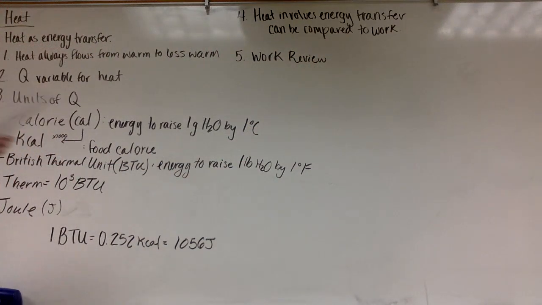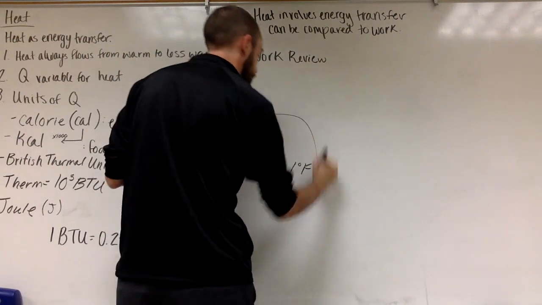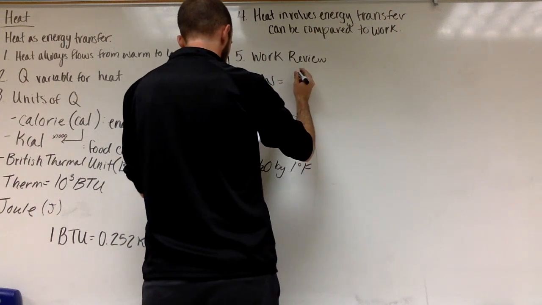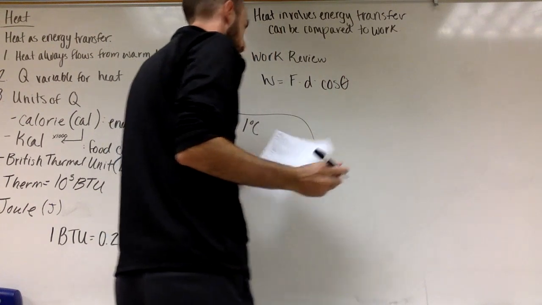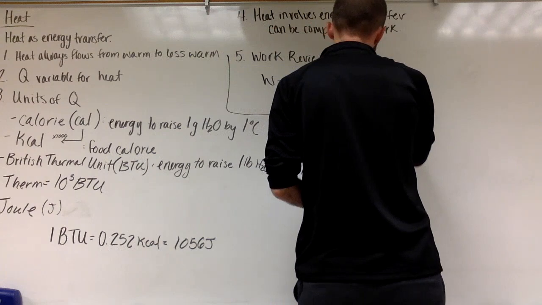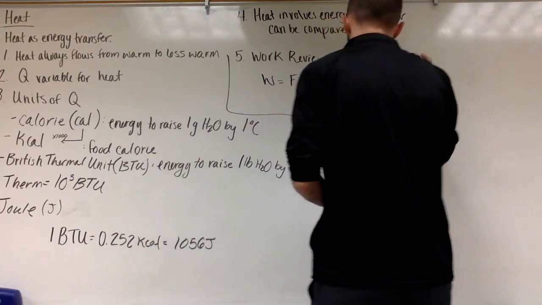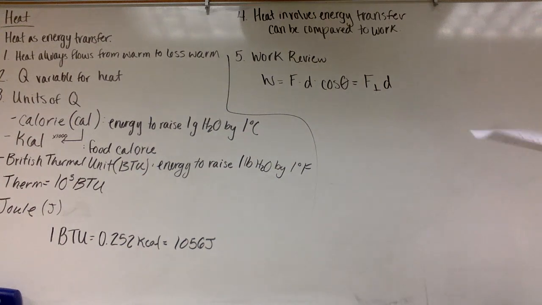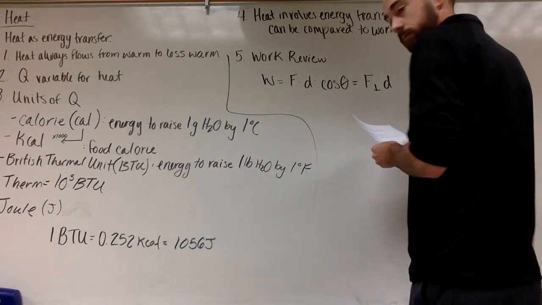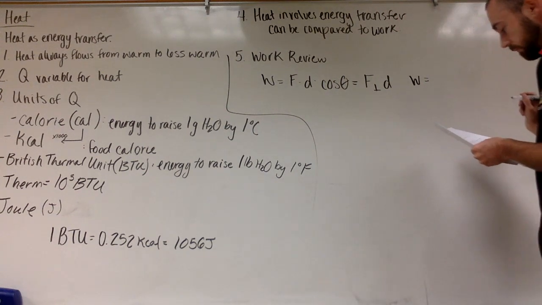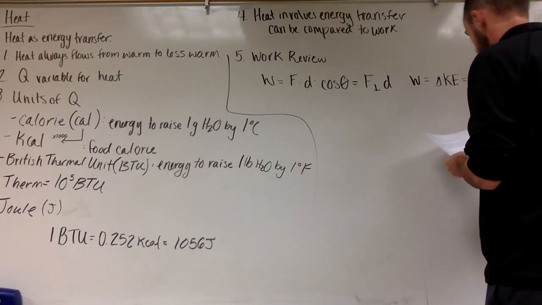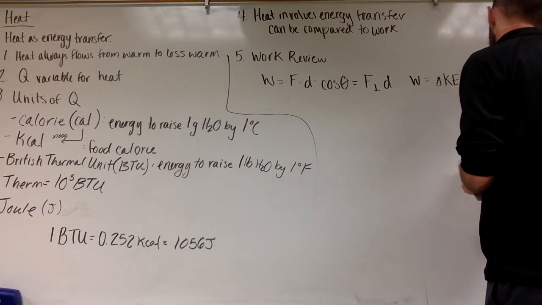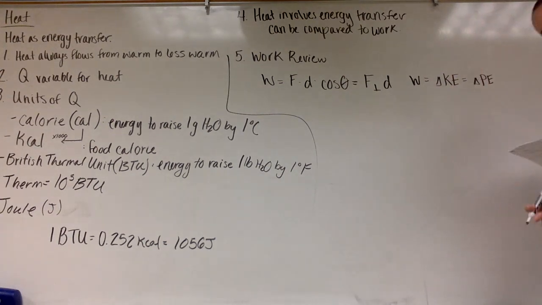All right, with a work review, here we go, all of our work-related formulas. Work is equal to force times distance times cosine theta, which just basically means that it is the perpendicular component of your force times the distance that you cover. Additionally, we have that work is equal to your change in kinetic energy if you slow down or speed something up, or it's your change in potential energy if you're talking about lifting something up, pushing something down.